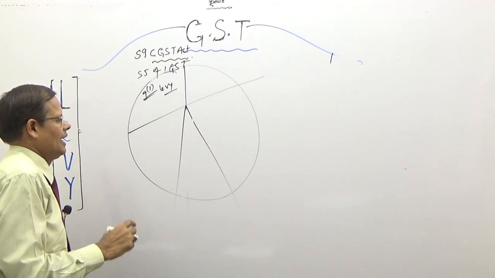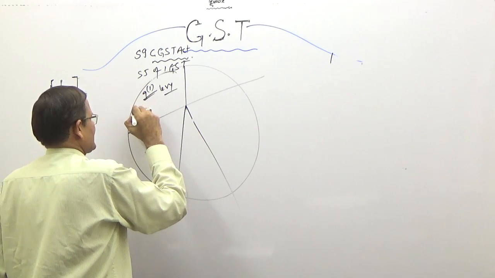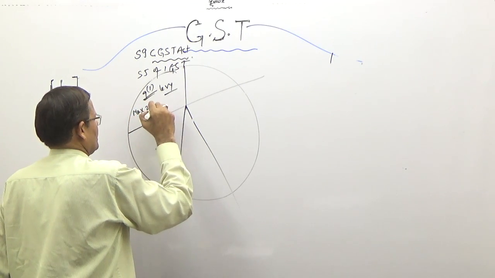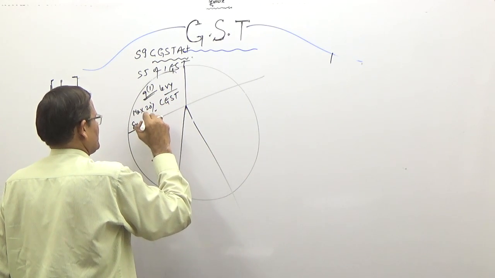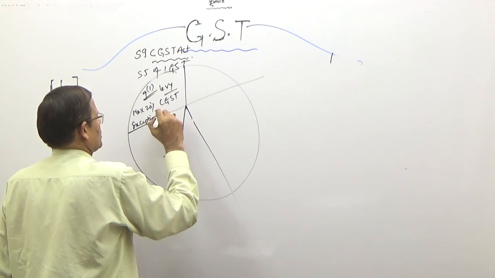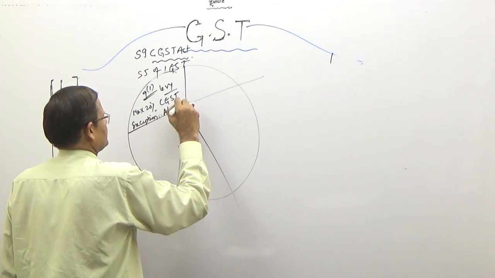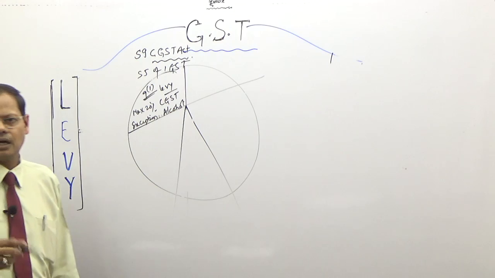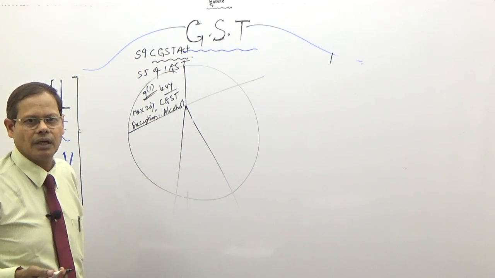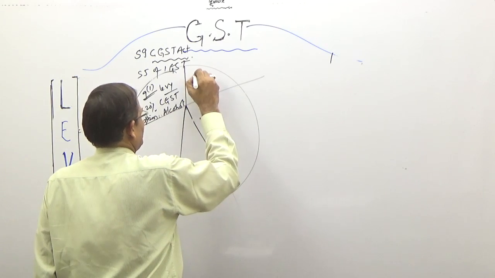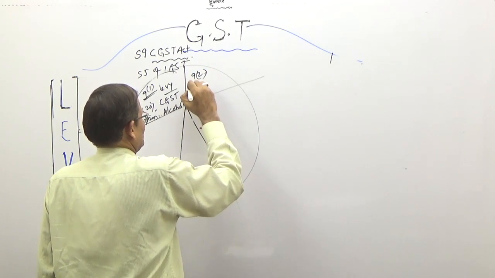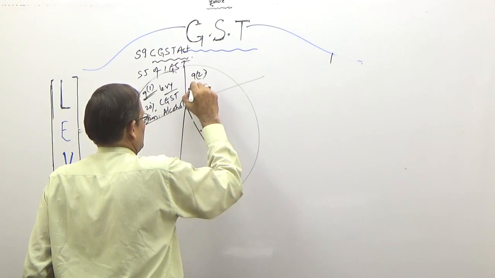In this, it is talking about maximum 20% CGST. So, it is giving an exception, alcohol for human consumption, and value as per section 15, and collection in the manner specified under the rules. And 9(2) is specifically talking about petroleum products.